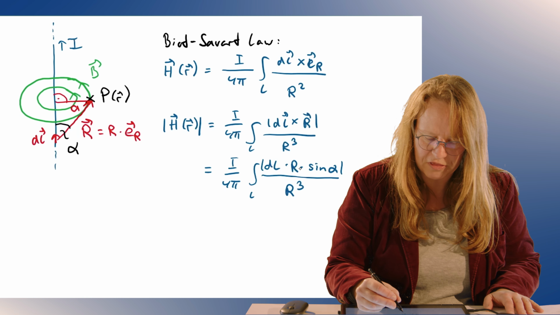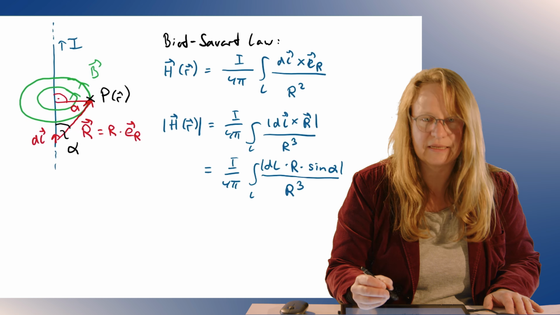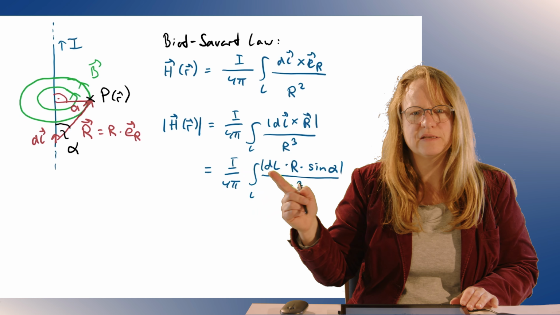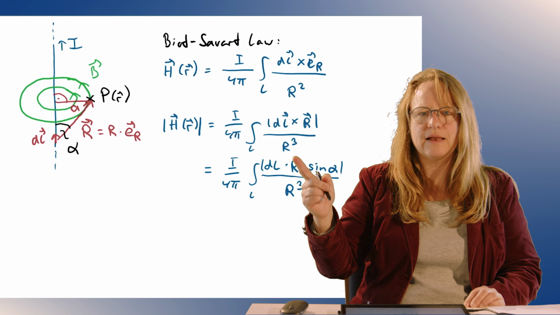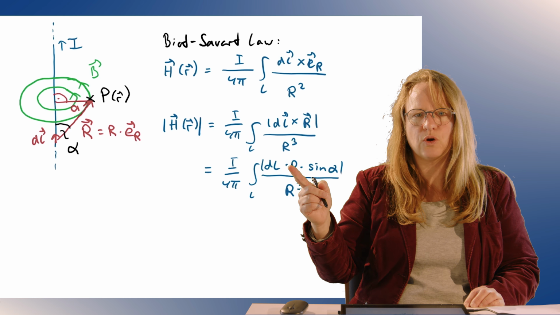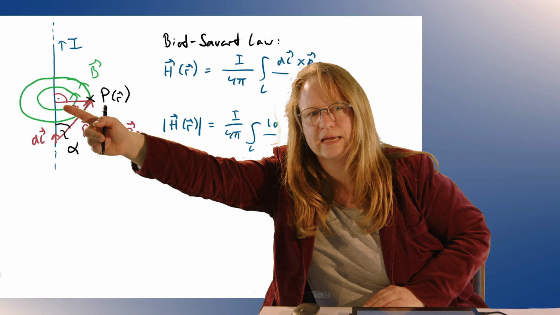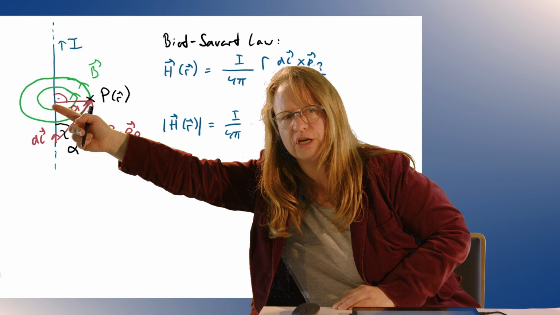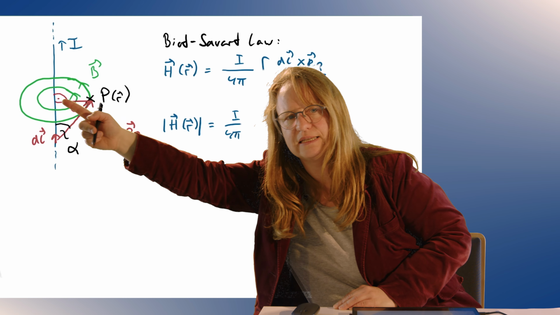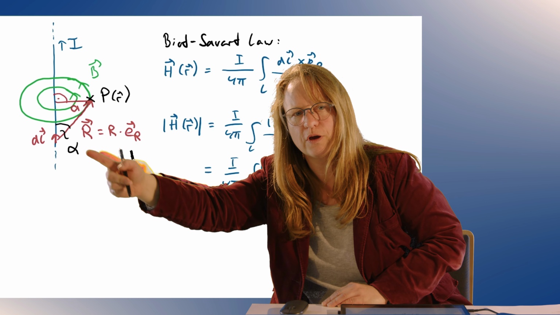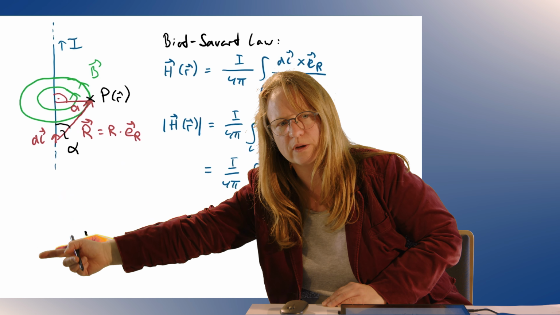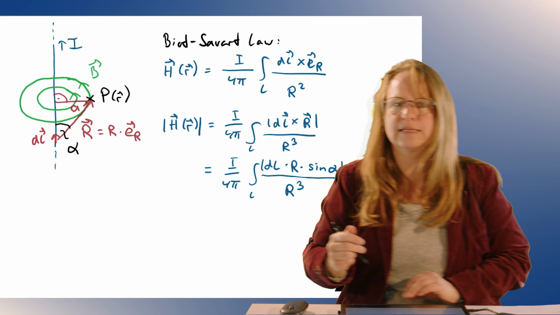So the problem with solving this integral is that the length of R depends on the position we are at here. If we are getting closer to this point here, then the distance is getting less and less, while if we are going far away, down here for example, then R gets longer and longer.